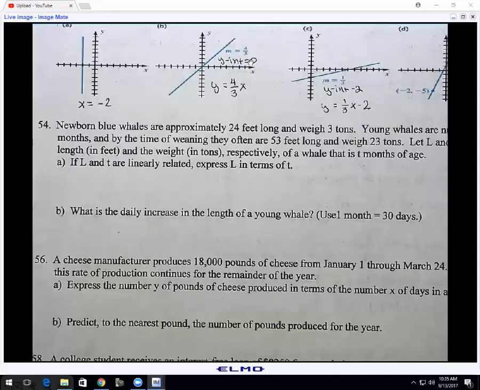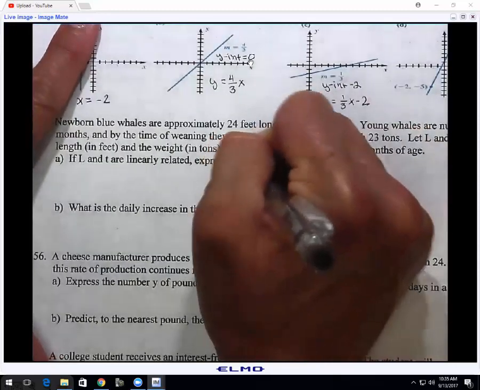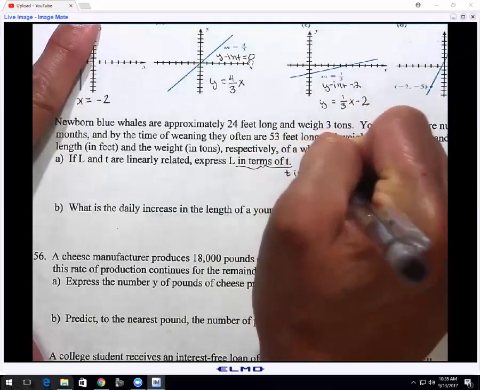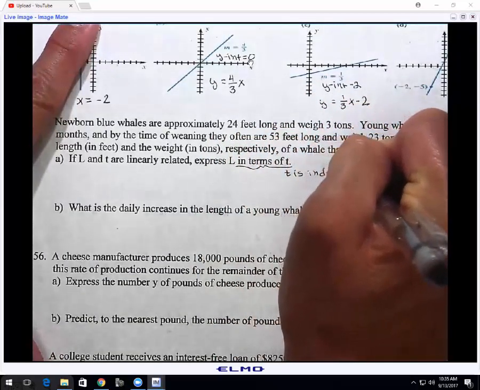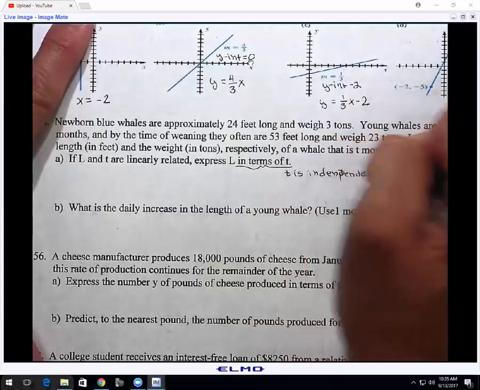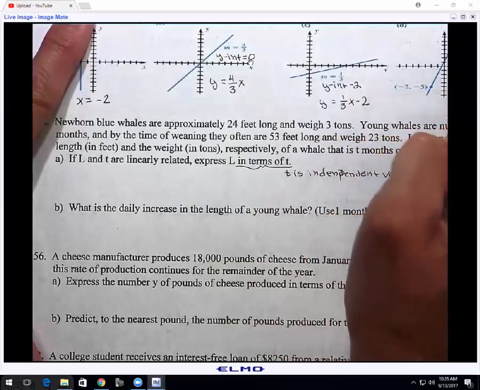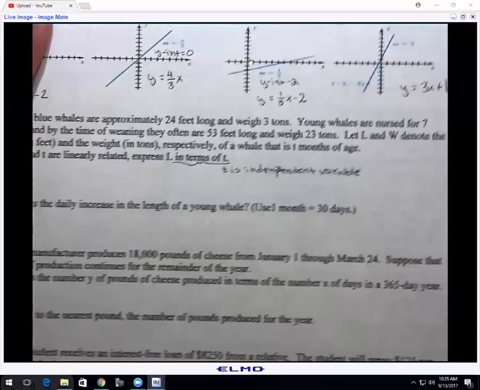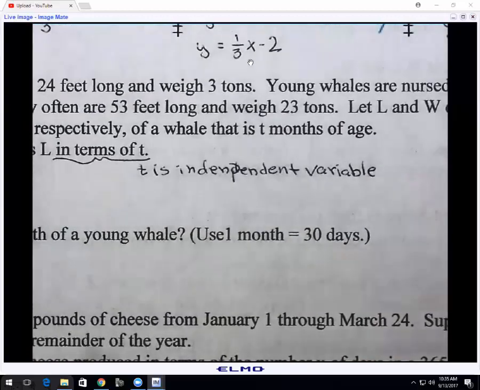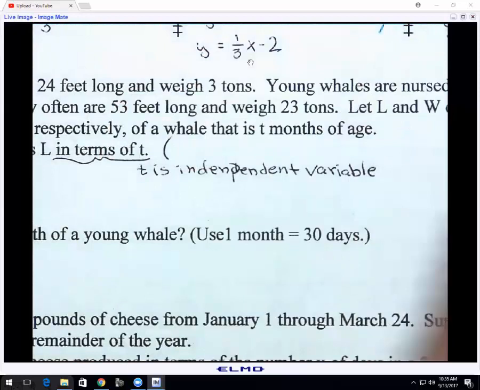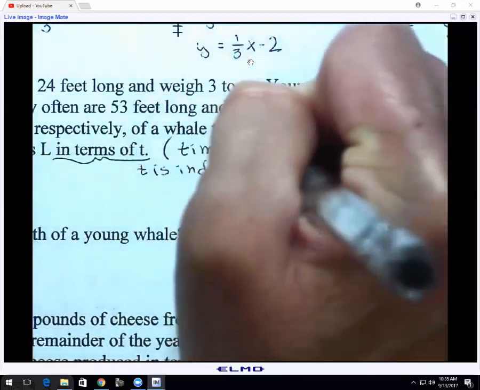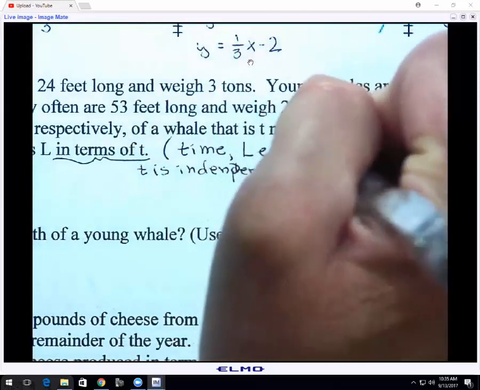So L in terms of T means T is the independent variable. That means I'm going to set my ordered pairs up. You give me a time, I'll give you the length of the whale at that time.